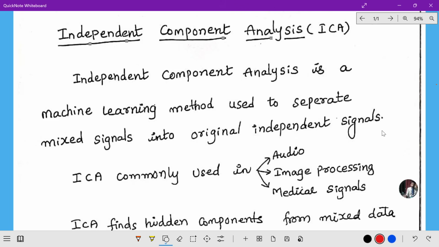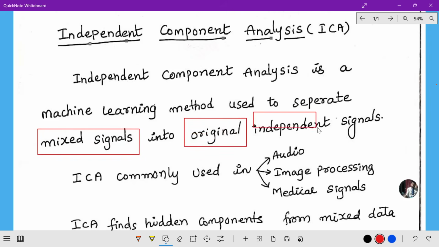So what happens in independent component analysis? It is used to separate mixed signals. The signals could be combined, and it is going to separate the original independent signals. What is the main purpose of this ICA?